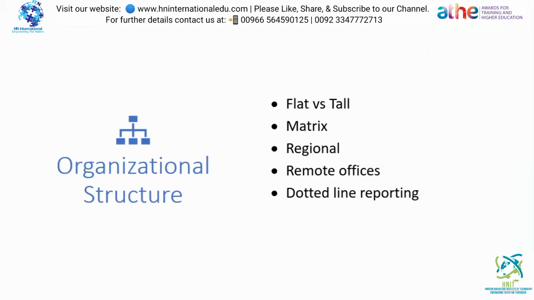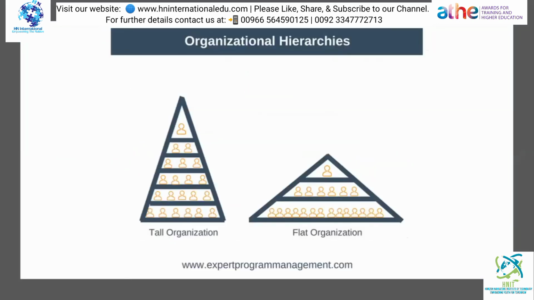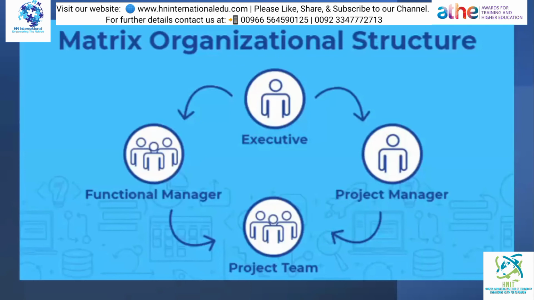Then coming to the matrix. A matrix organization is a company structure where teams report to multiple leaders. I added this picture as well for tall organization and flat organization. This makes it easier to understand. Then the matrix: it is a company structure where the teams or the subordinates or the employees report to multiple leaders. So, what if I'm an employee?